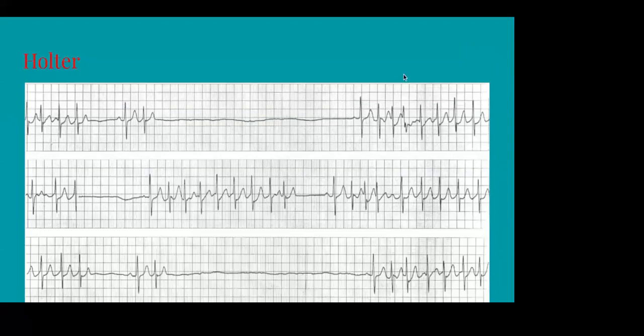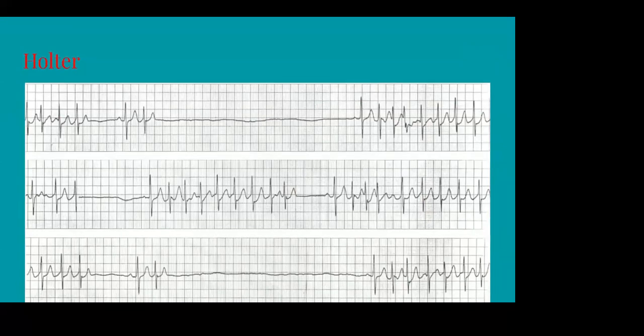Then when you ask for a Holter, this is what you find. Everything else is normal, the blood pressure is normal, hemoglobin is normal, but when you ask for a Holter, this is what you find. Can anyone tell me what she has?